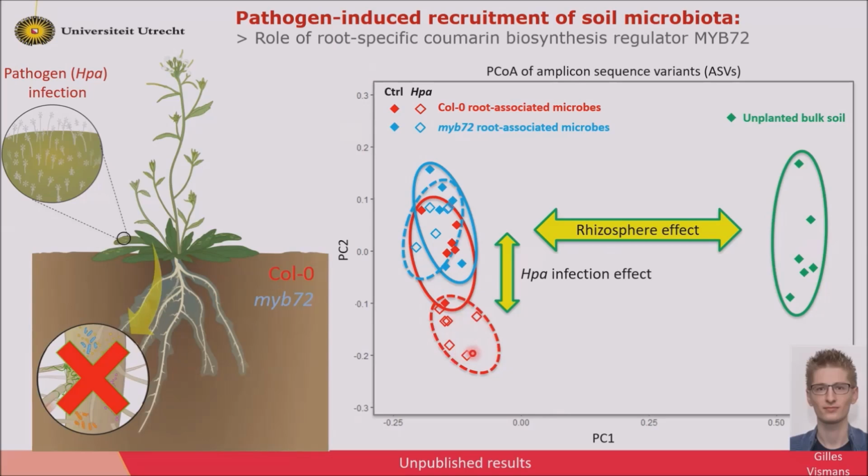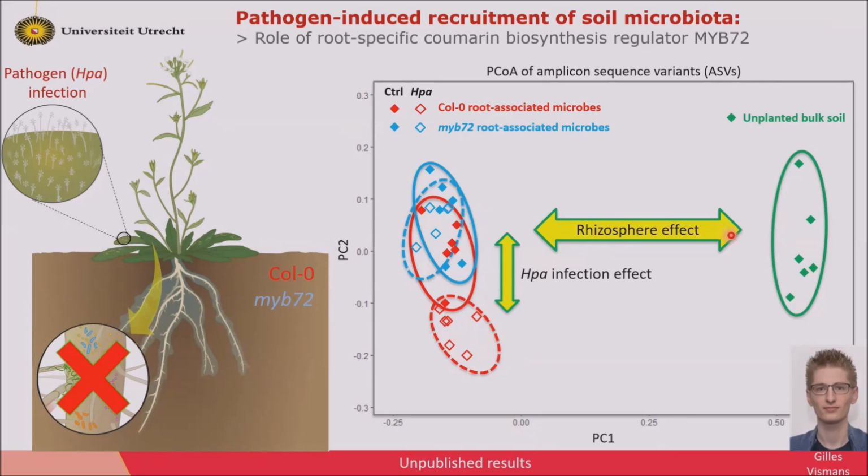So pathogen infection leads to a shift in the microbial community in wild-type plants. But if you do the same experiment with the coumarin mutant, here in blue, where the closed symbols are the healthy plants and the open symbols are the infected MYB72 plants, there's no significant shift in the microbial community.